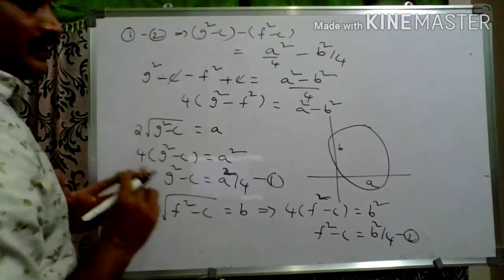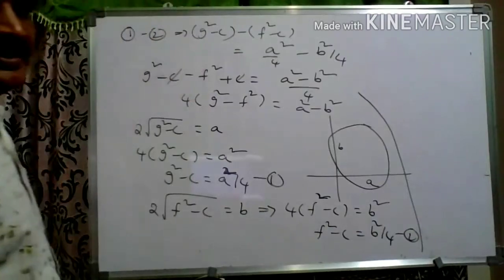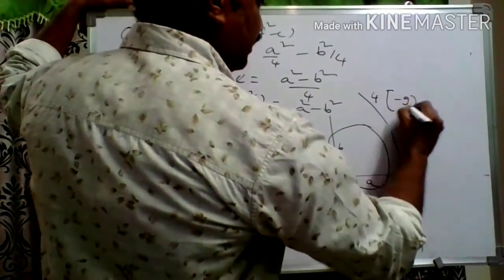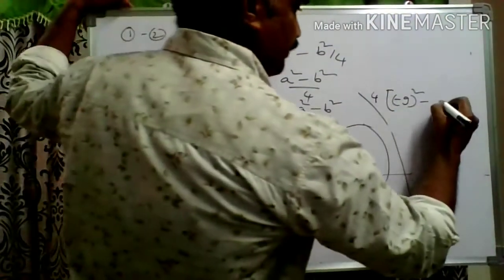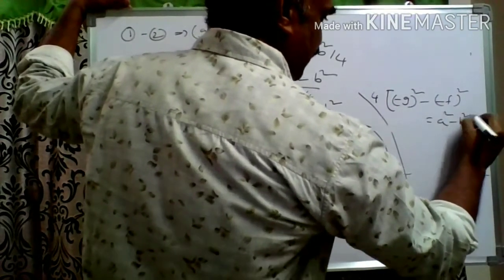Students, now calculate the locus of center. What is the center? Minus g comma minus f. So 4 into, this is minus g whole square, minus f square can be written as minus f whole square, is equal to a square minus b square.